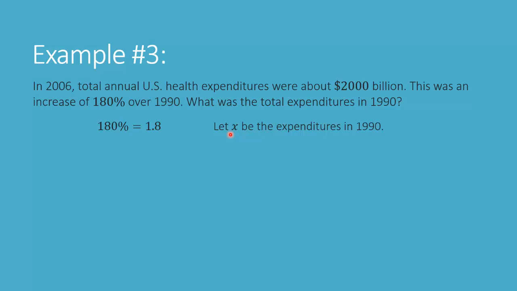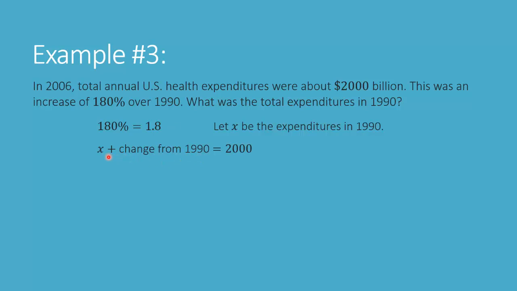That'll be our variable. So now, we know that X times whatever the change was from 1990 has to equal 2000, because 2000 is what it is now. Well, now, I say now, but in 2006.